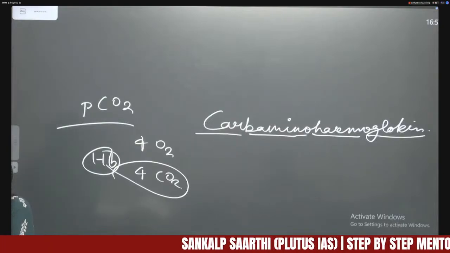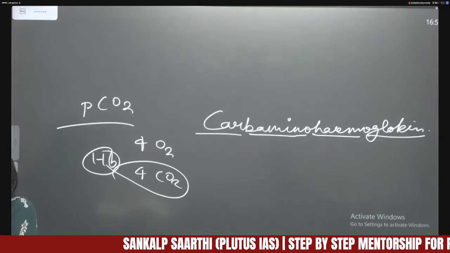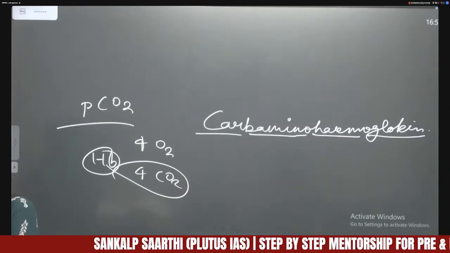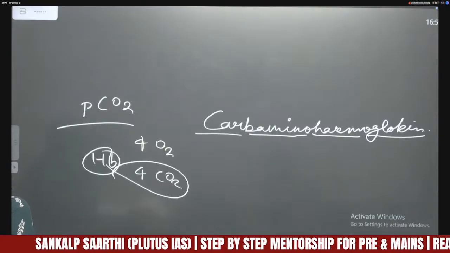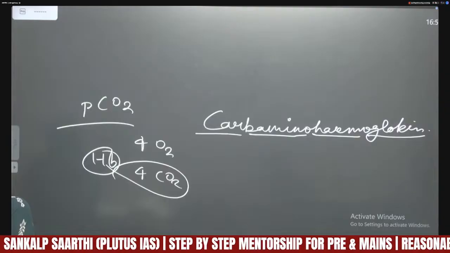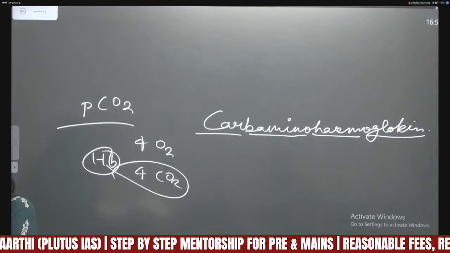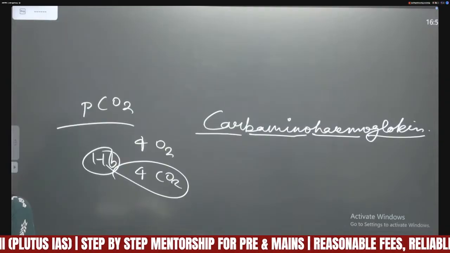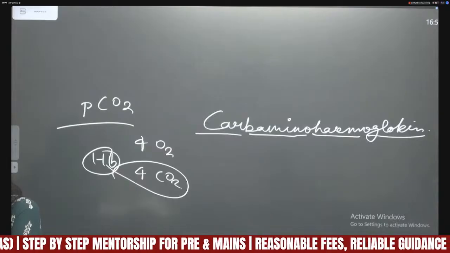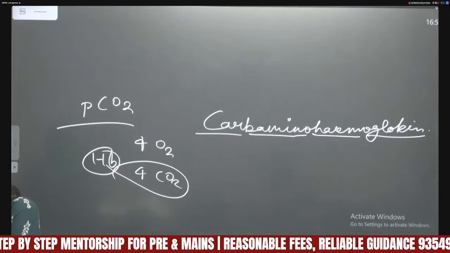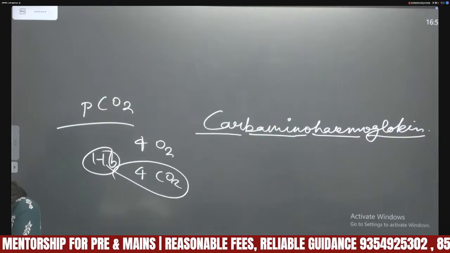In the higher PCO2, hemoglobin has more affinity with CO2. So this graph shifts to the. किधर शिफ्ट होगा? राइट साइड.